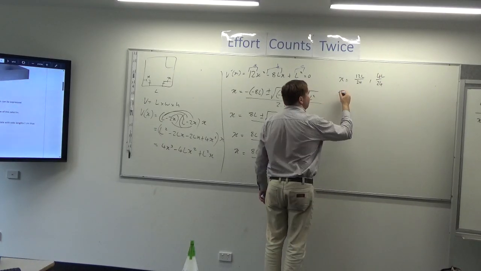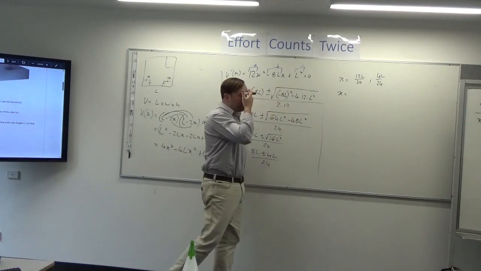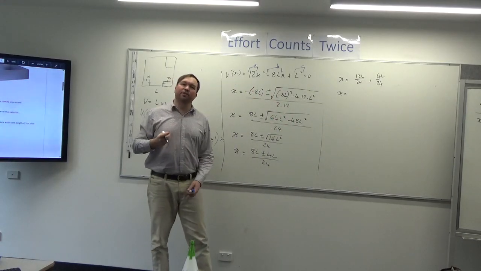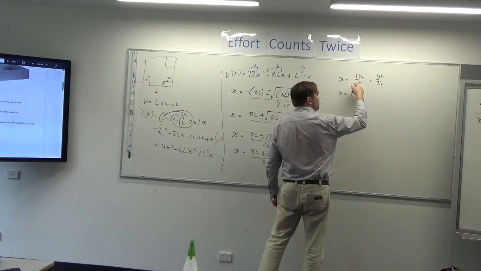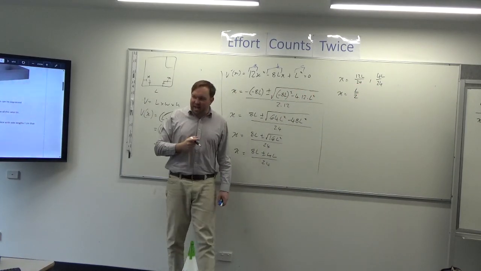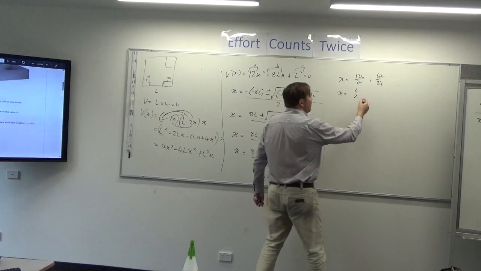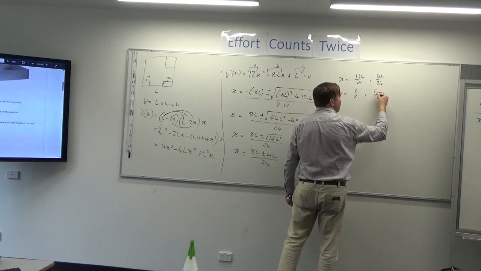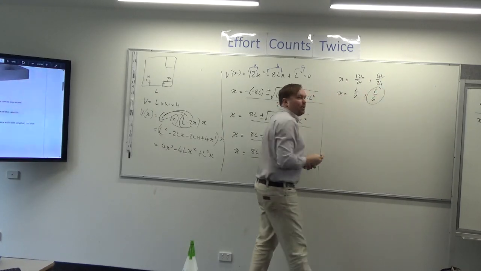Now, let's simplify. Highest common factor out of 12L and 24L is 12. If I divide the 12 out, I get L on 2, which we were definitely expecting as the minimum. And we take the 4 out, L on 6, there we go.